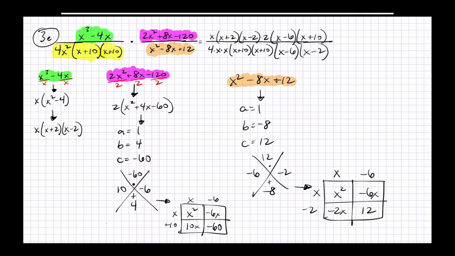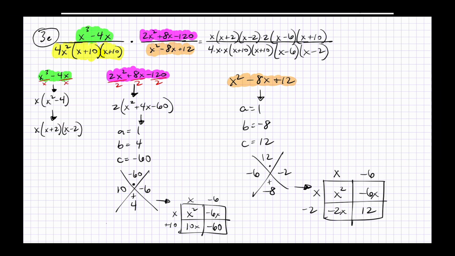Okay, so I factored everything. The green was a binomial, so I factored GCF is x, but then when I factored out an x, it was difference of squares. So I had to take that into account too. The pink is a trinomial with a GCF. So I remember to put the GCF in the factored form.